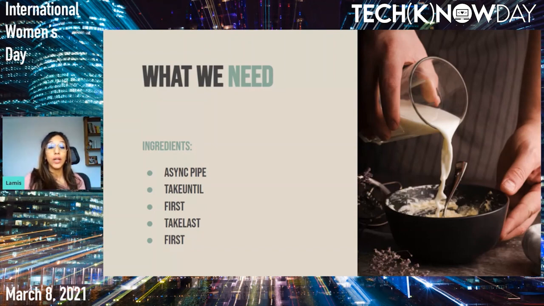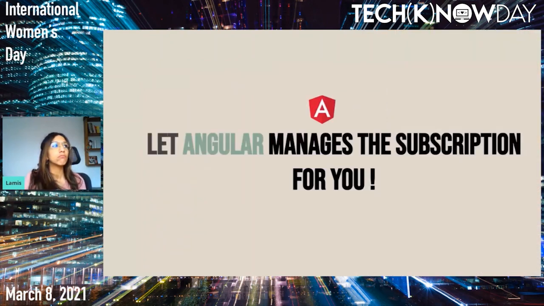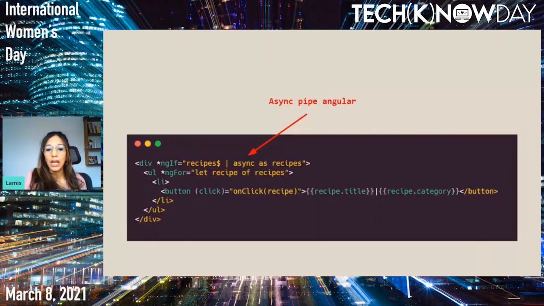When working with Angular and RxJS, especially with RxJS, you need to handle the unsubscription of your observables. And what are the methods? First method: let Angular manage the subscription for you, by using the most popular pipe available out there, the async pipe.